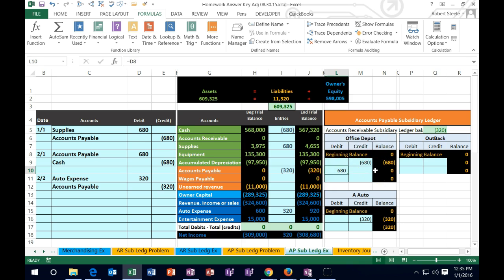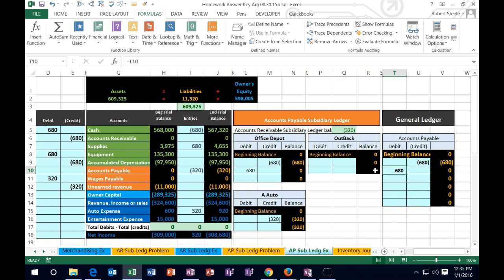Now, we're also going to record that to the general ledger. So the general ledger, remember, every account has a general ledger account. It's in order just by date. And we are just going to record the general ledger account for the accounts payable only, just to compare and contrast the GL account for accounts payable and the new account that we need just for accounts payable being the subsidiary account for accounts payable.